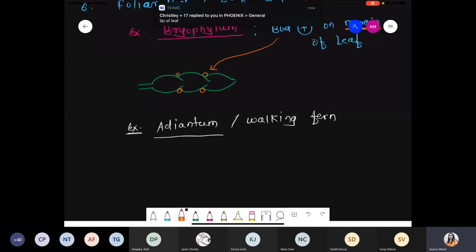And why is that so? Because whatever we are talking about, the leaf bud or that foliar bud, that bud is present on the tip of the leaf.